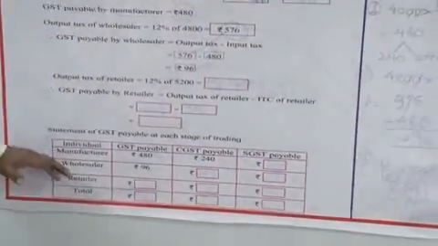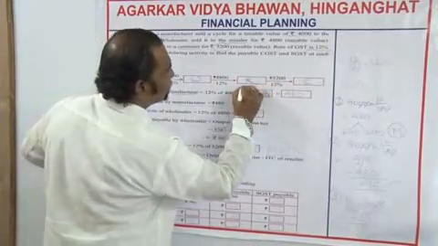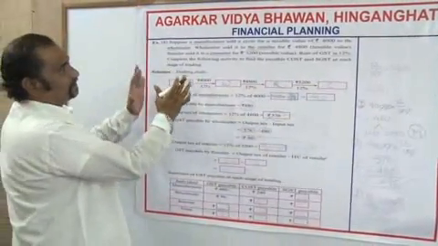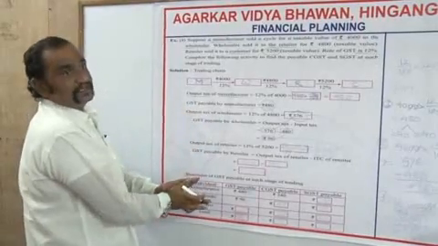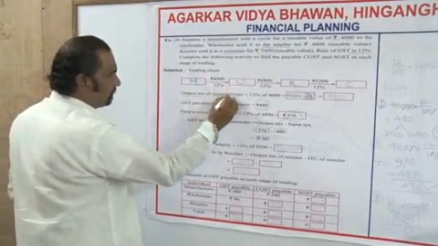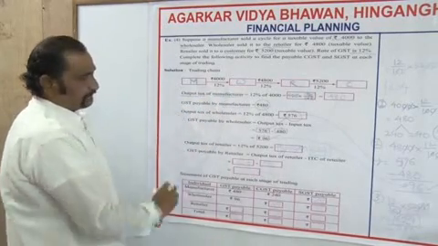In this way, in the first, the second, and the third, these are the three trading positions in this example. Each time we have to calculate by manufacturer, by wholesaler, and by retailer.